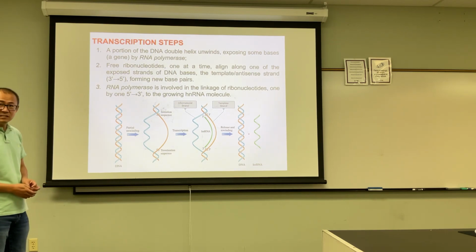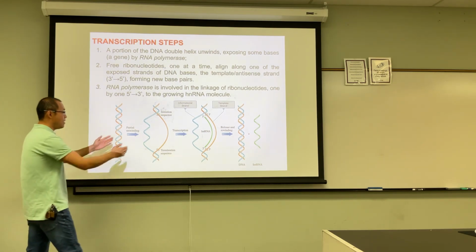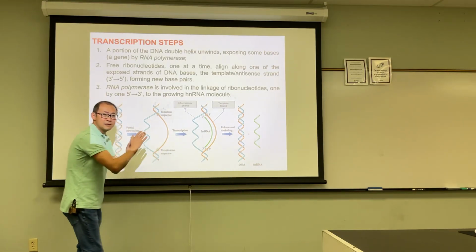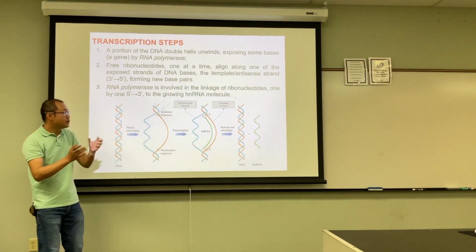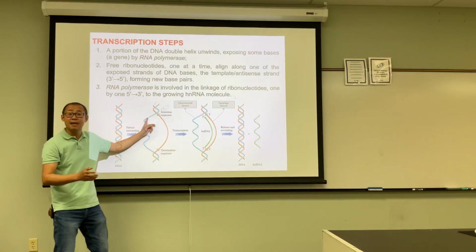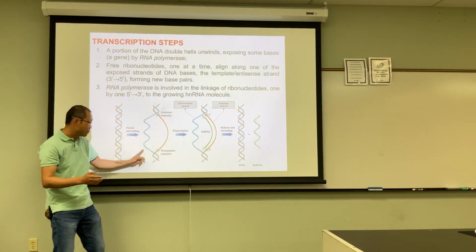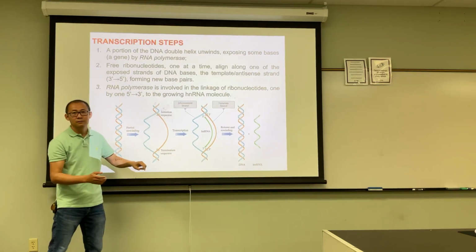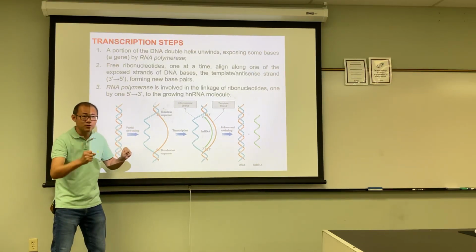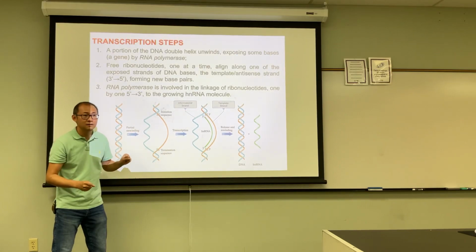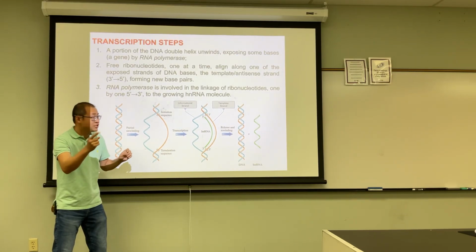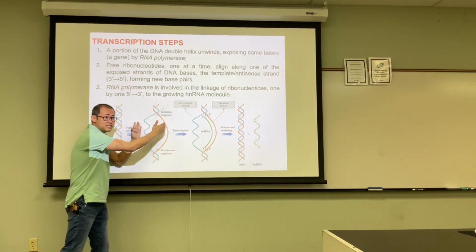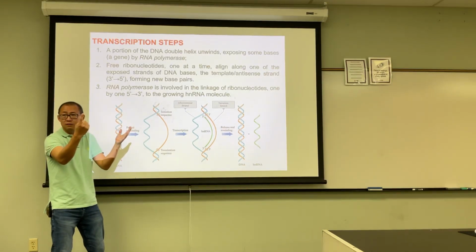After it unwinds, you have 2 strands. Is that right, guys? And you know these 2 strands are anti-parallel, right? One is from 5 to 3, another one is from 3 to 5. Okay, we have 2 strands. But let me ask you, how many strands for RNA? One strand. So that means you won't use both, because RNA only has 1 strand.